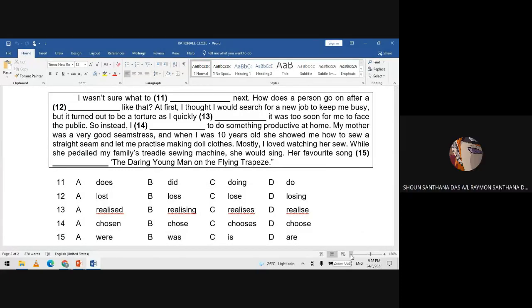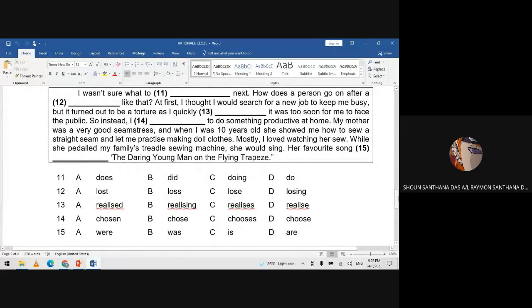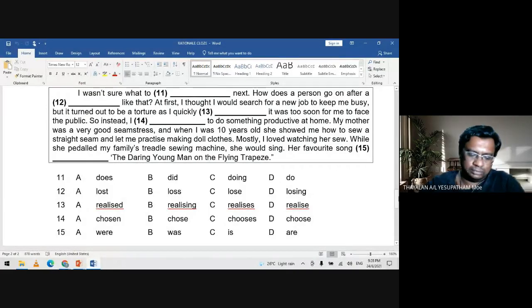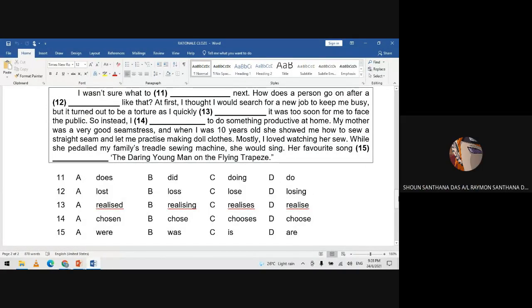Definitely, sir, definitely. I wasn't sure what to do next. How does a person go on after a loss like that? At first, I thought I would search for a new job to keep me busy, but it turned out to be a torture as I quickly discovered. It was too soon for me to face the public. So instead, I decided to do something productive at home.